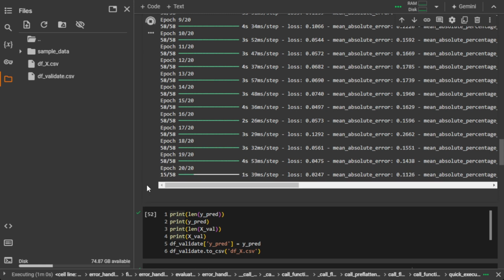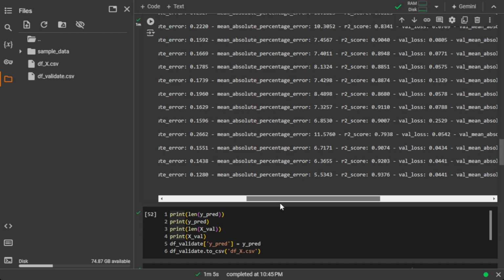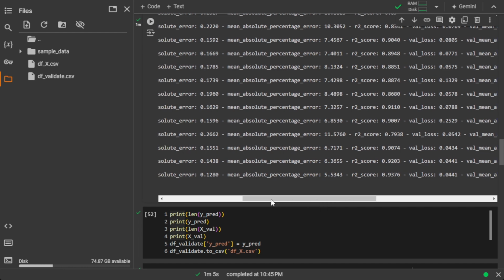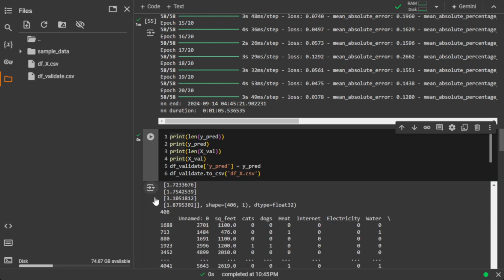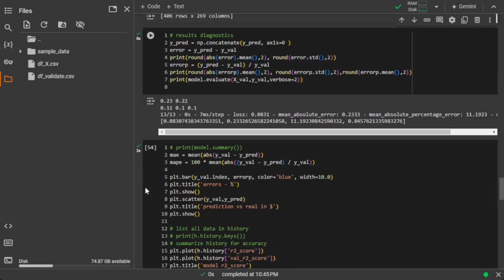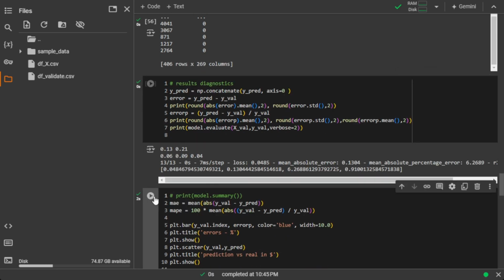So we've got one more epoch, and then we can print out the new outputs. Let's see. Okay, what did we get? R squared of 94.5. Ooh, this one should be good, folks. Interesting.